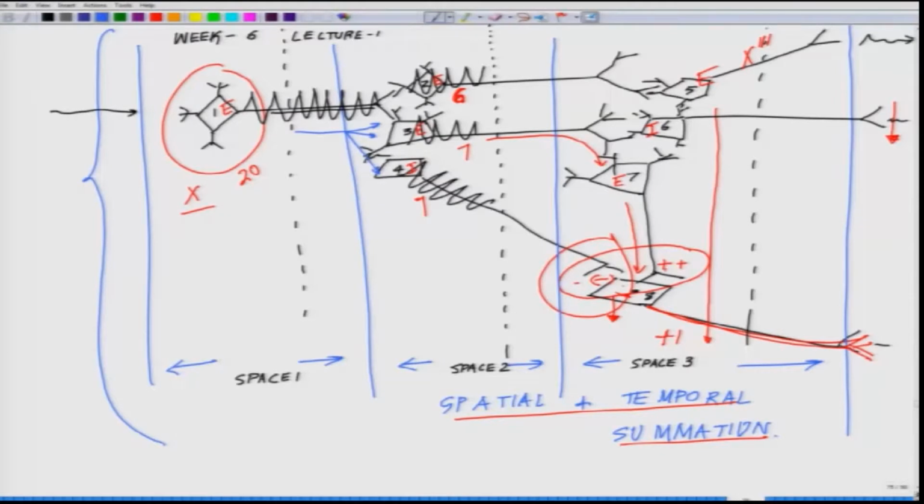Now a few things could happen. One is at what time who is receiving the signal.